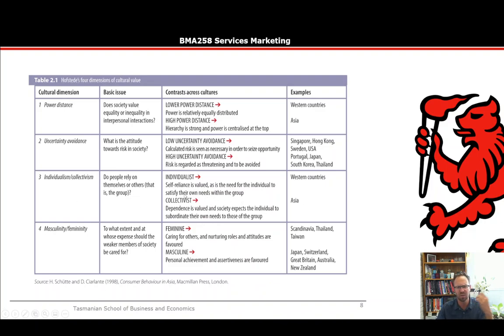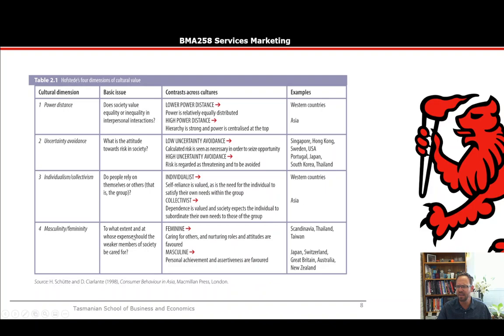I'm not saying which is good and which is bad. I'm just saying this is how it is, and we can make up our own minds. We in a Western society, especially in Australian culture, we're becoming more individualistic. We're moving away from collectivist societies, and some people have questioned whether that's a good thing or not. Including me.